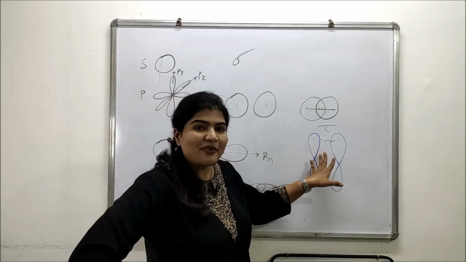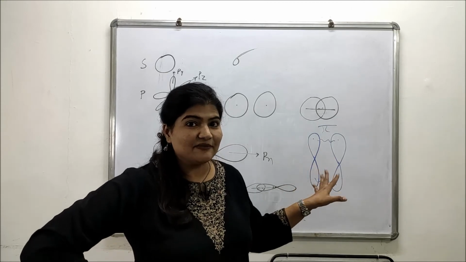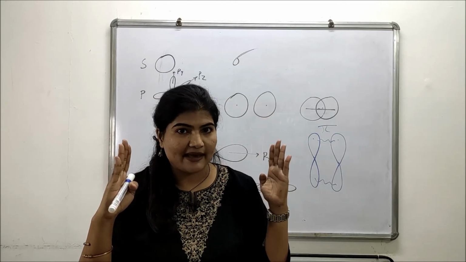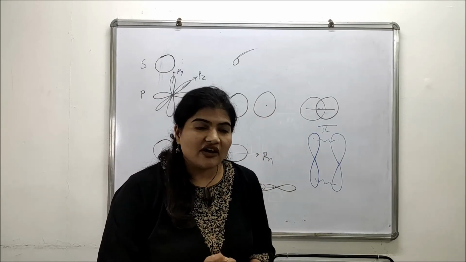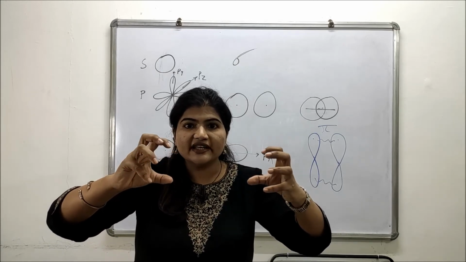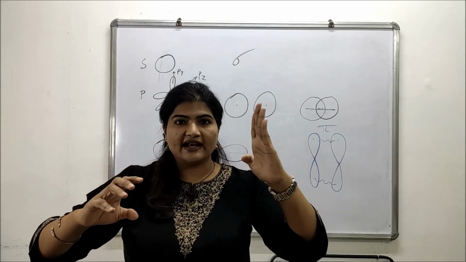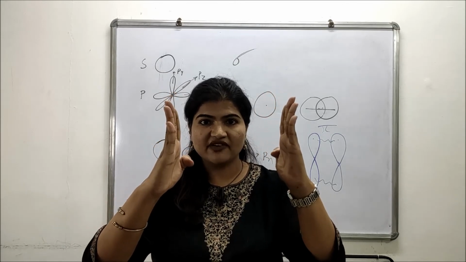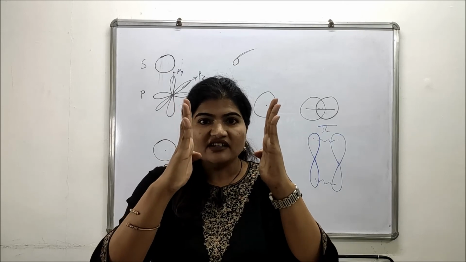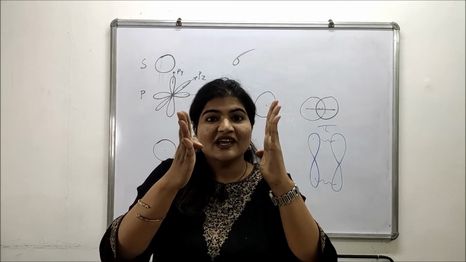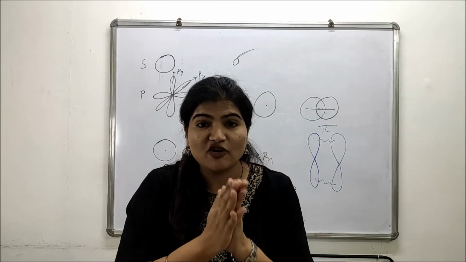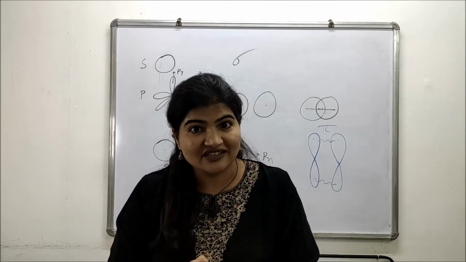Another point I want to discuss here, which is again very important. In pi bond formation, you have seen that the py orbitals are laterally overlapping, right? If I try to rotate any of the atoms, this is one atom with py, this is another atom with py, and they have formed the lateral overlap and a pi bond. If I try to rotate one of the atoms, it will distort the geometry, it will distort the alignment of the py orbitals, and the bond will be broken.